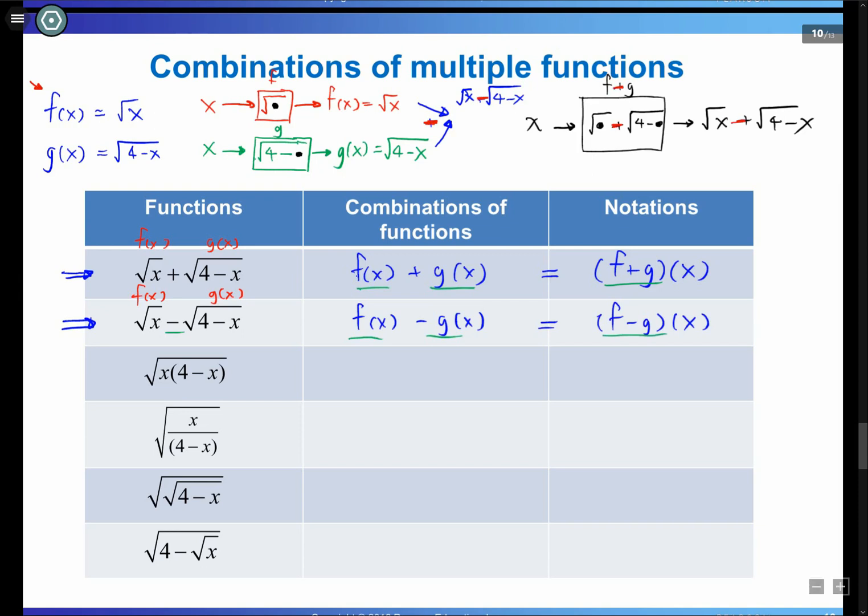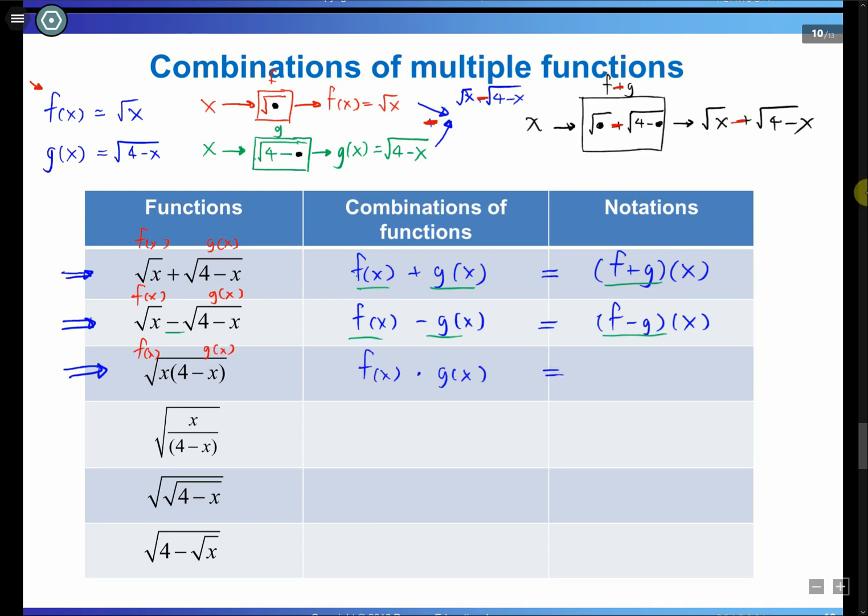Now let's take a look at this one. If you know addition and subtraction, this one should be easy too. For the front term, once again, we have f of x, and the back term, g of x. Even though they are combined into one square root, you can separate them. When you separate them, you get f of x times g of x, multiplication.